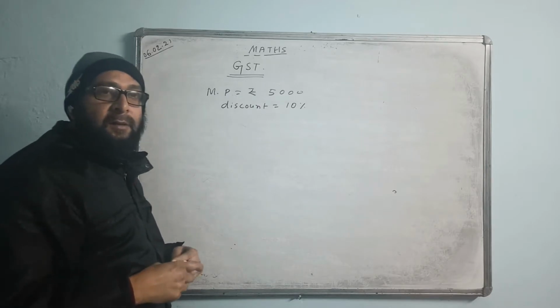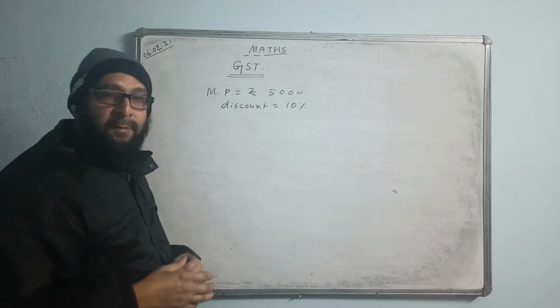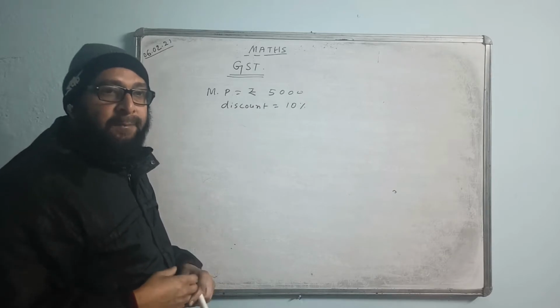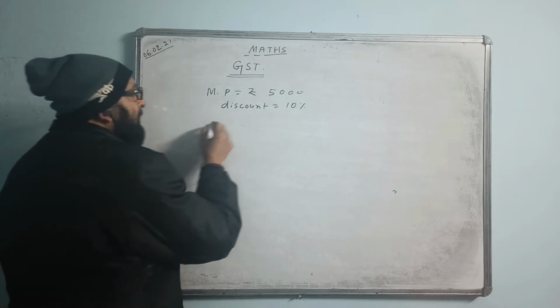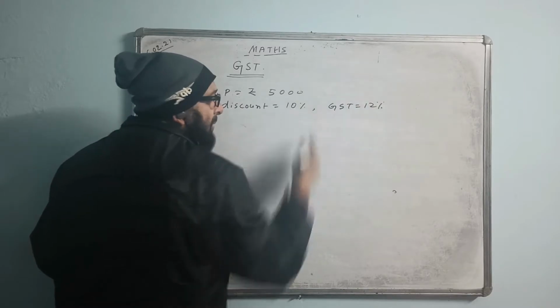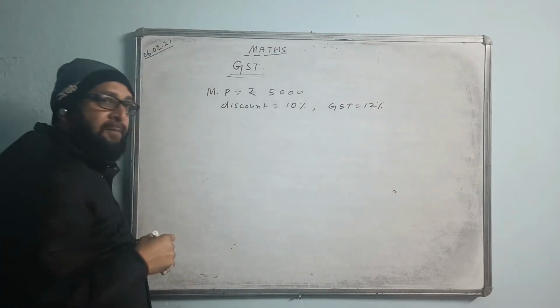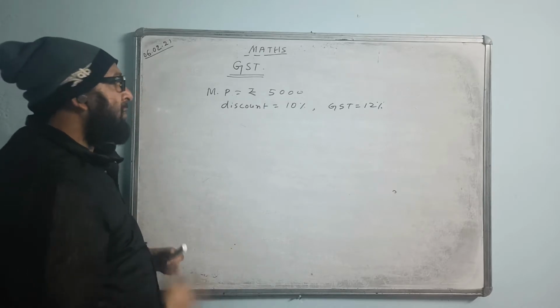And then the GST is charged at the rate of 12%. Find the price paid by the person for the camera. So how to find? GST rate is also given, 12% on this camera. And they are asking to find the final price paid for the camera by the customer.